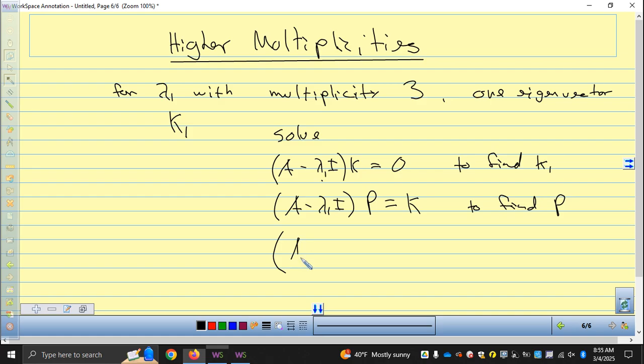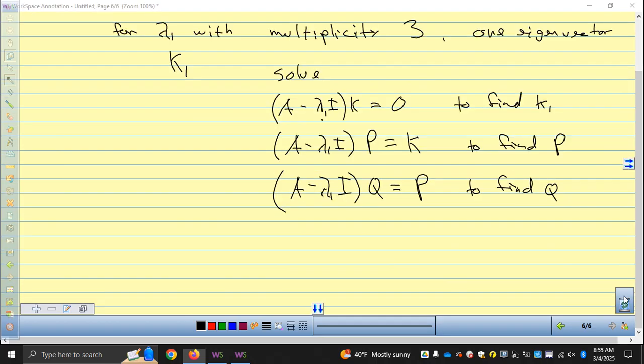And then we would solve A minus lambda 1 I times q equals p. So we just solve this system of equations in order to find our three vectors.